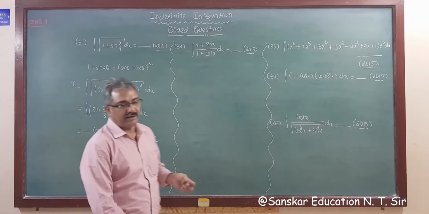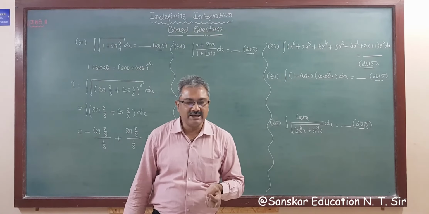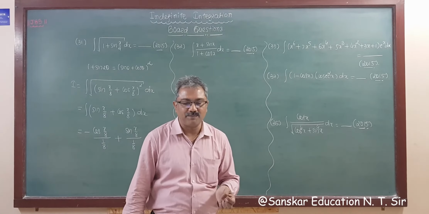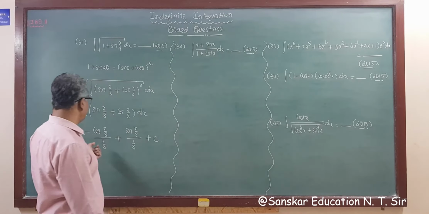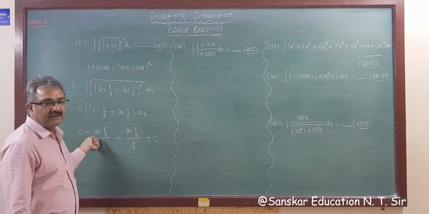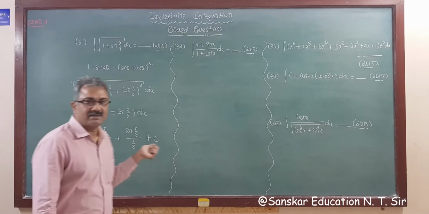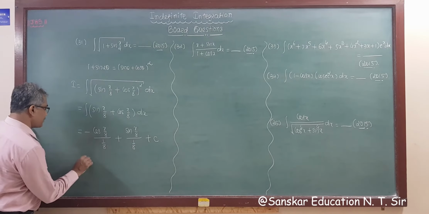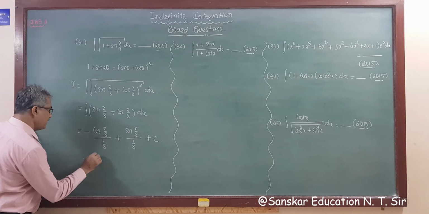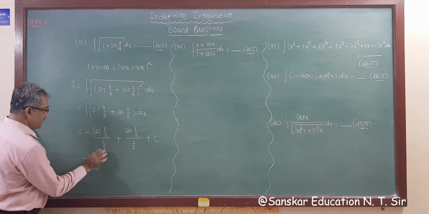So the correct answer given in the options is 1 upon 8 sine x by 8 minus cos x by 8, that is option number 3, that is C, right? So if we take 1 upon 8 common, then the answer will be, sorry, 8.